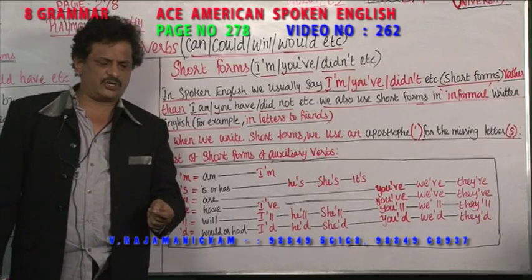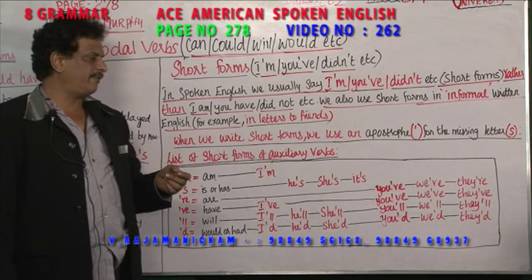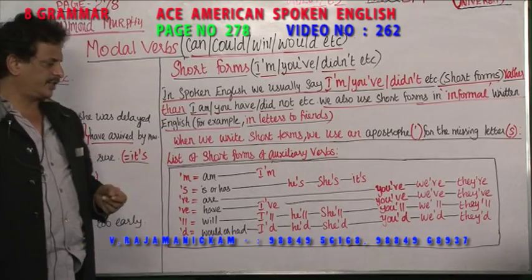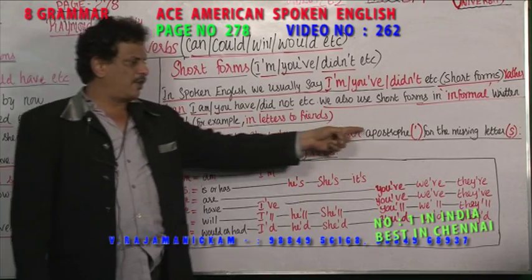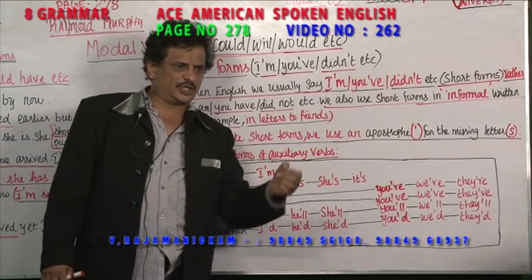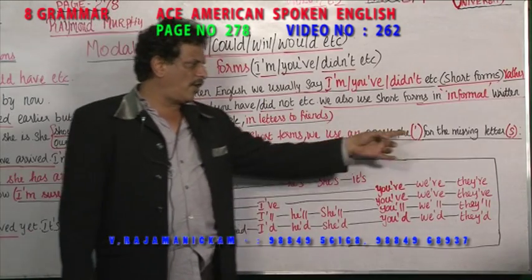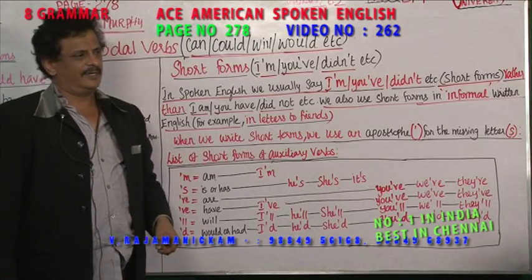When writing to your friends, your relations, your mother, you use these short forms. When we write short forms, we use an apostrophe. You see the apostrophe here after the word. Wherever letters are shortened, you use an apostrophe for the missing letter.